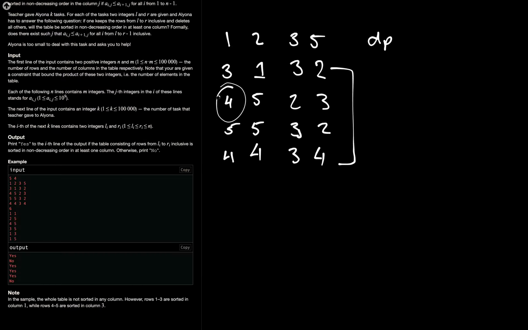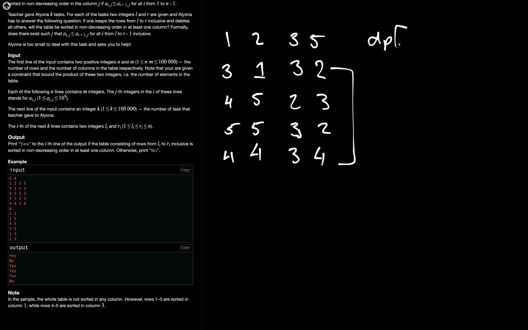So if we're here, we know above it there's a continuous subsequence of size 2, and since 4 is greater than 3, we add to that, and it becomes a continuous subsequence of size 3.